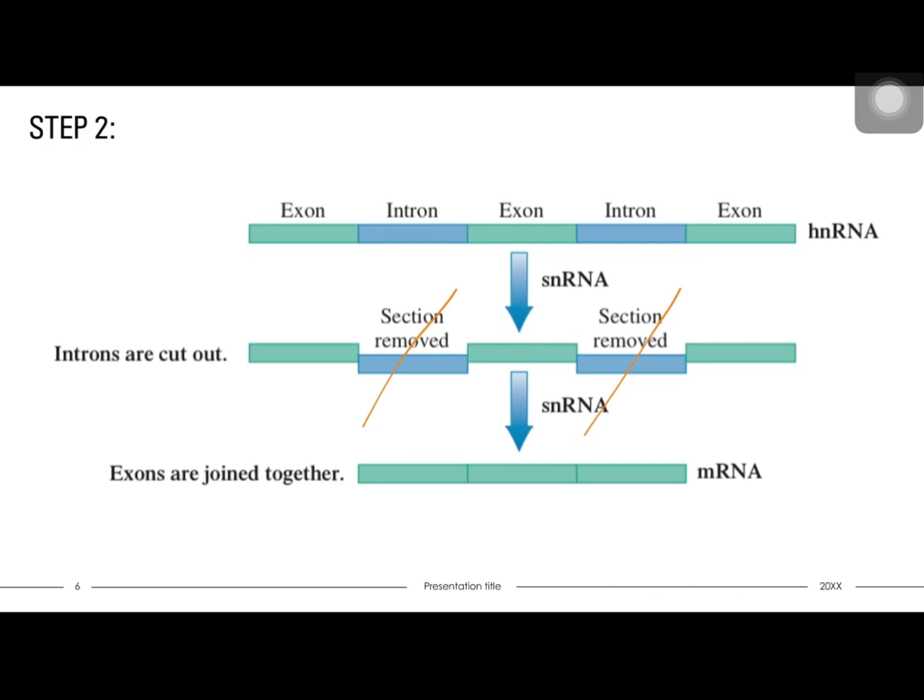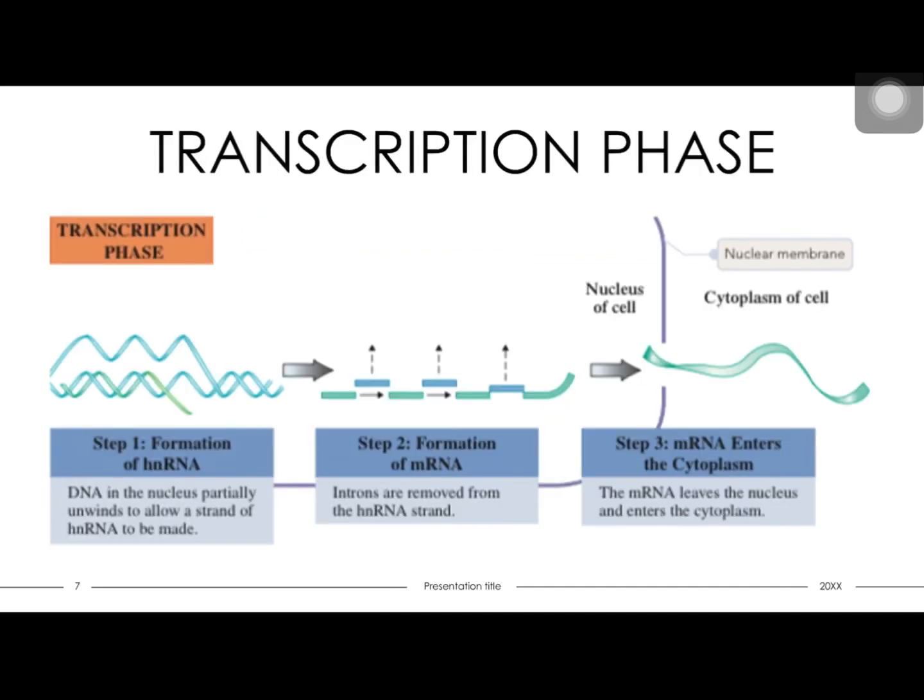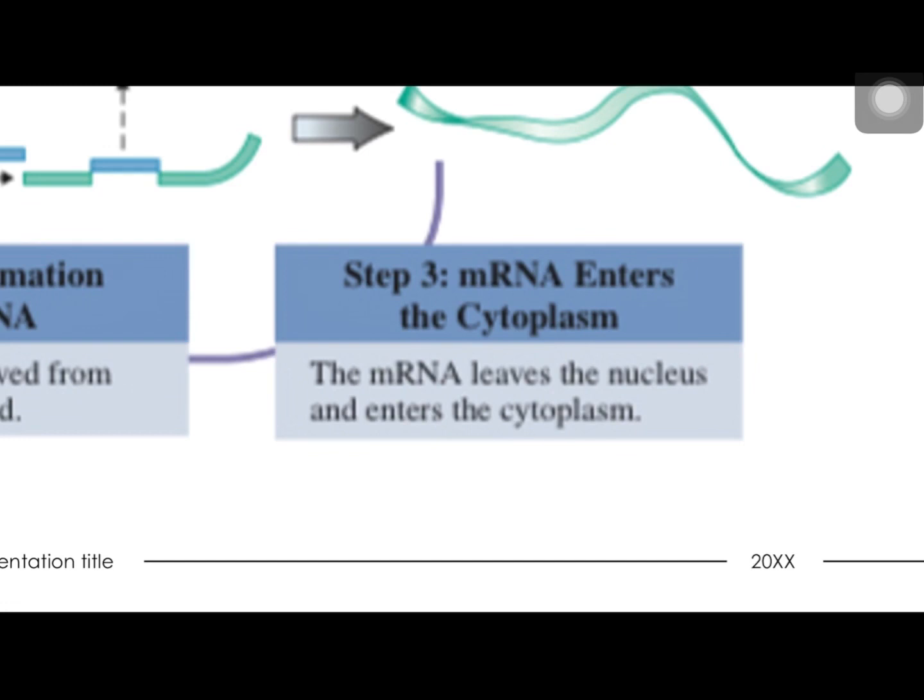So, through the process of splicing, which is facilitated by our snRNA, splicing will remove the introns and then join the remaining exons together, forming our mRNA. It's like our hnRNA has been edited, because the errors have been removed.